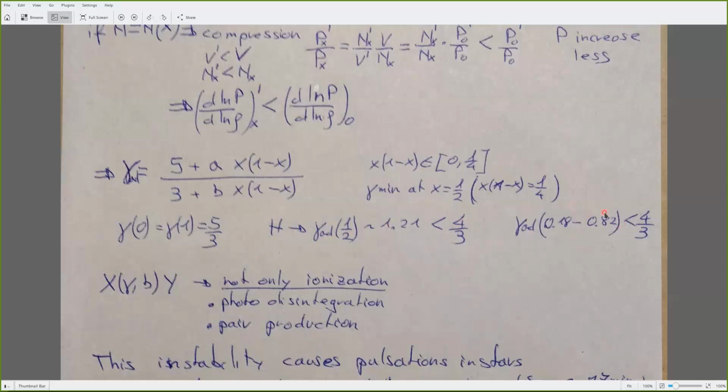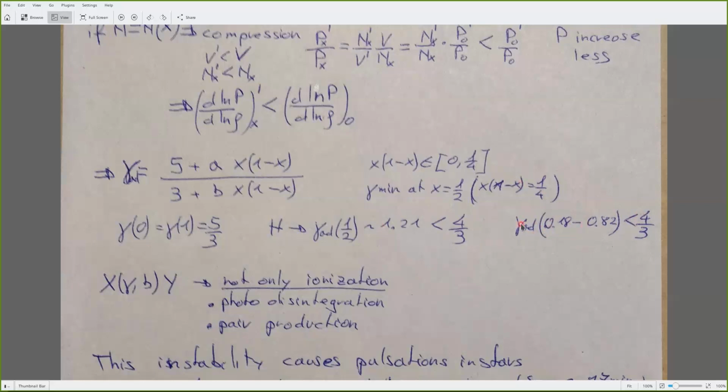Actually, you can see that the range is quite big where the adiabatic coefficient is less than four thirds. So it is the same value in the middle, but essentially, if you are going away from complete ionization or no ionization, the adiabatic coefficient is less.